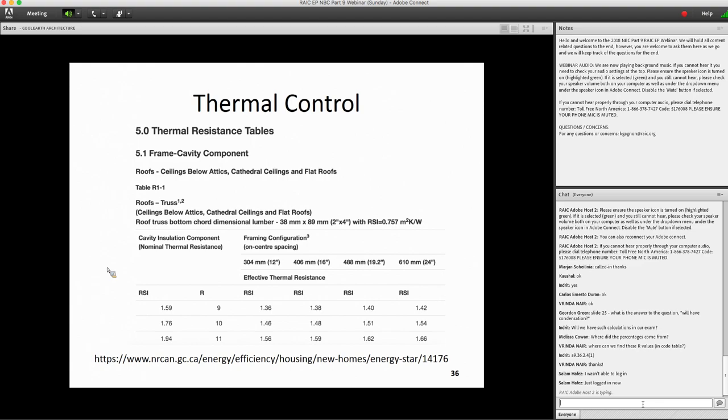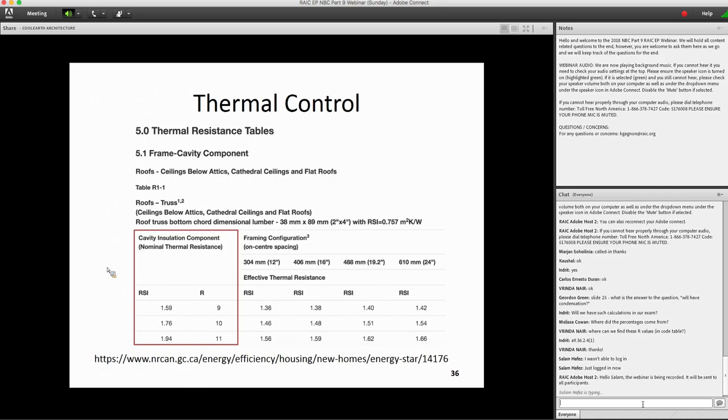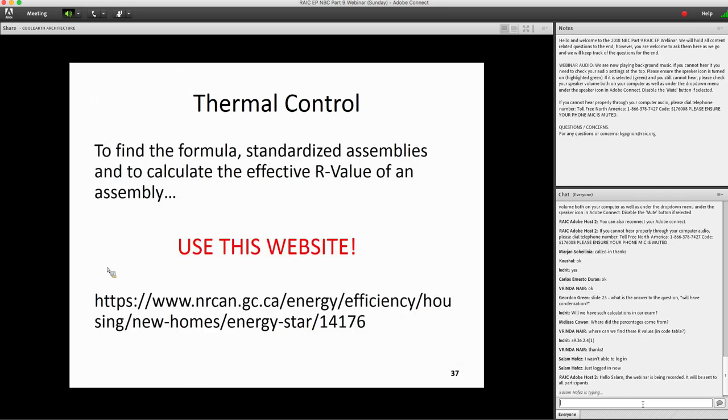On the website, I just took one from NRCan, and you can have the nominal R value, and depending on the assembly that you have, it gives you right away the effective R value of a typical assembly. Please use that website, and also you can have similar tables in the notes of the NBC.